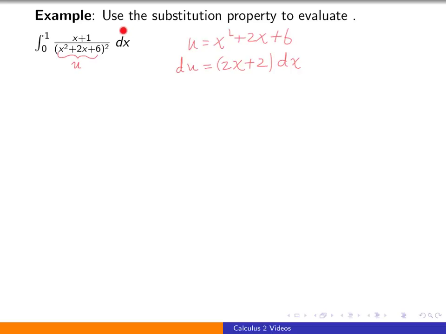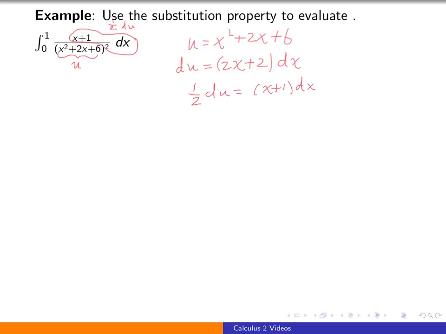Now in our integral, what we have is x plus 1 dx. So in terms of that x plus 1 dx, we can definitely get that just by dividing by a 2. So we could write this as 1/2 du is x plus 1 dx. So this becomes 1/2 du.